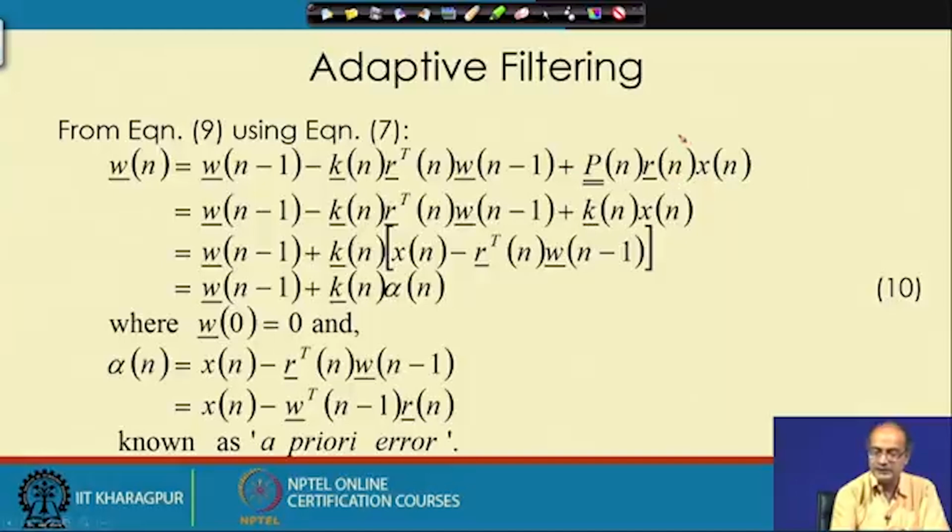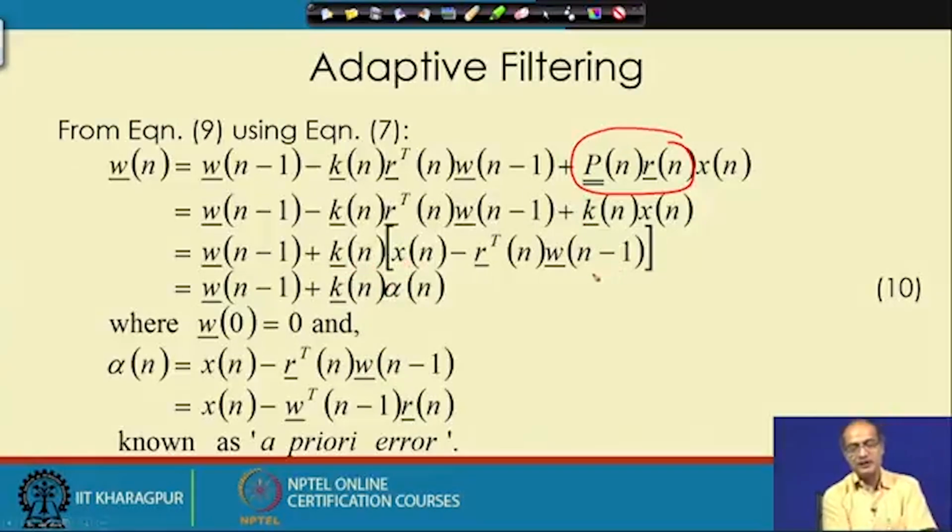So we are replacing this part with Kn. Now, as the second and the third term both are having Kn, in the fourth line we are taking Kn in common and we are writing this term.